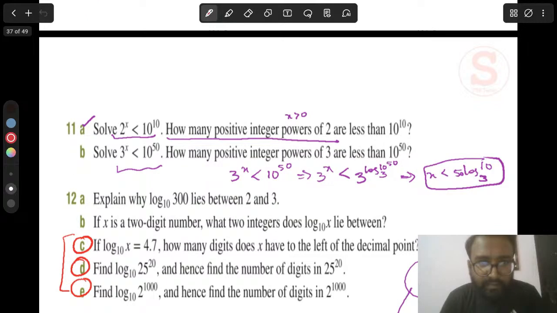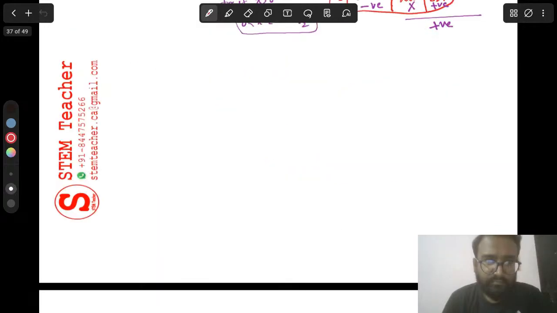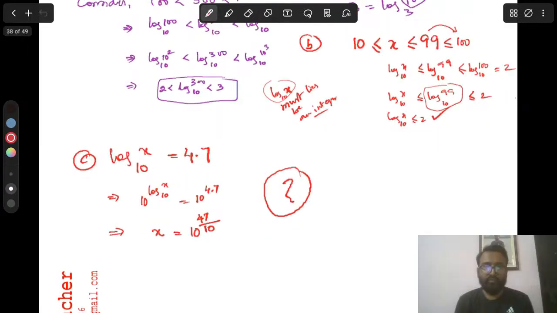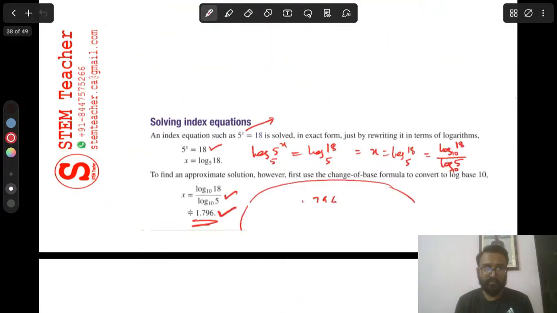I think we completed 7D. I think it is 7E. Oh, there are 1, 2 problems remaining in the previous exercise. Okay, we'll solve.